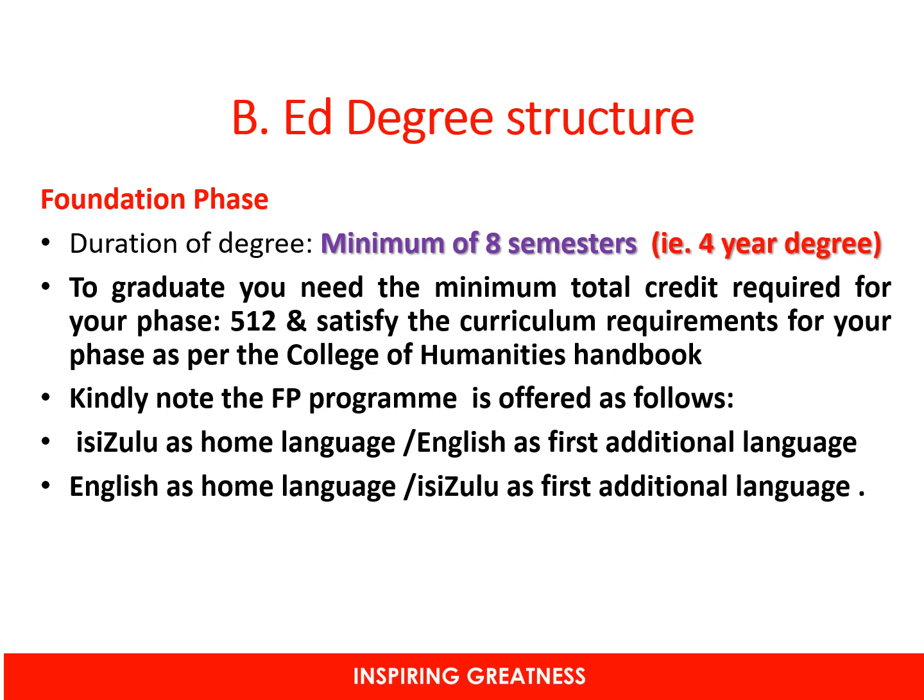To graduate, you will also need to meet the minimum credit load for your phase, which is 512 credits. You also have to satisfy the curriculum requirements for the foundation phase as per the College of Humanities Handbook.